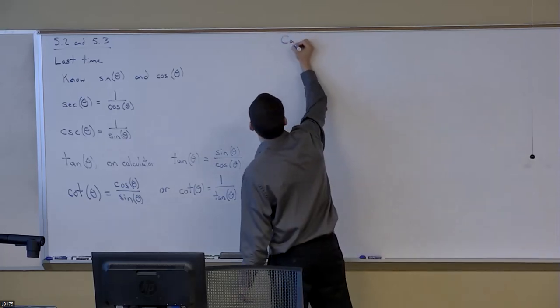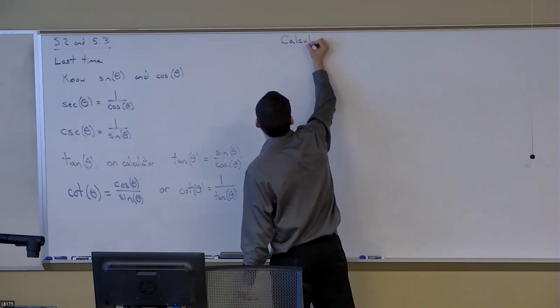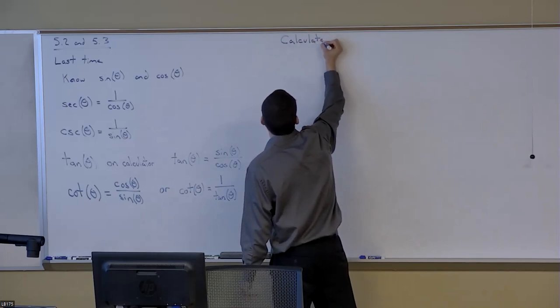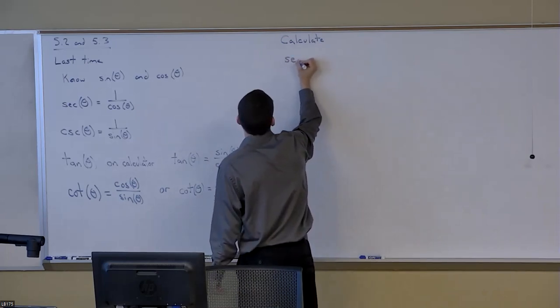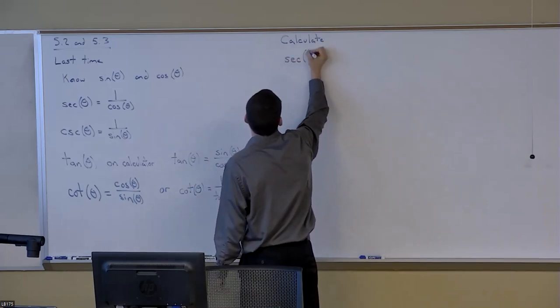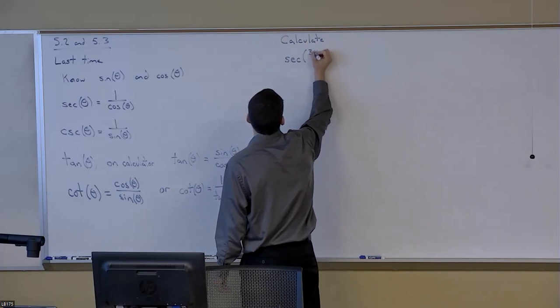So let's calculate secant of 3 pi over 7.